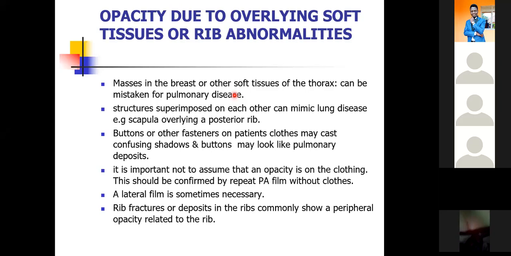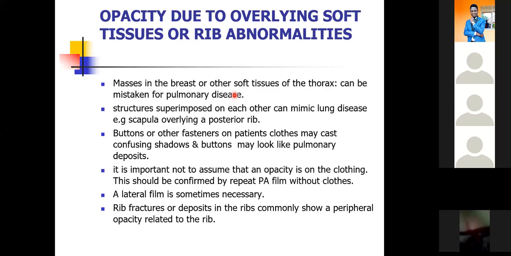For now, the only thing I'm cautioning you about is that these masses can easily be mistaken for pulmonary masses, especially when you are dealing with chest radiographs, because chest radiographs are projection images. So things are superimposed on each other.